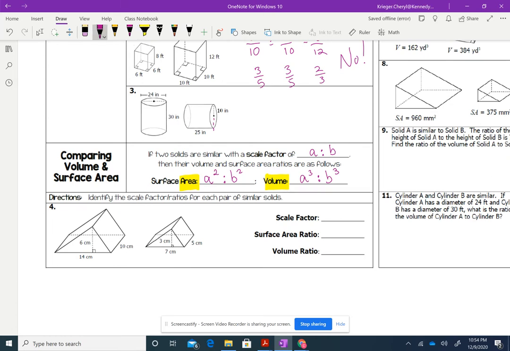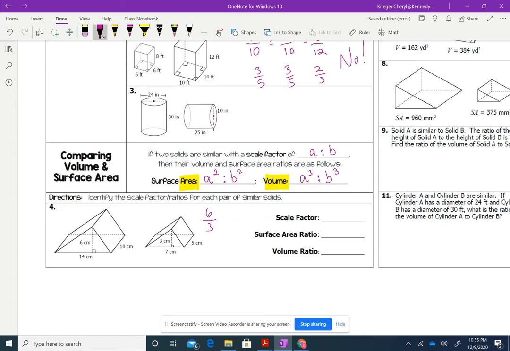So it says identify the scale factors and ratios for the similar solids. So they're telling us that they're similar. We're going to create some ratios to figure out the scale factor. Okay, so let's choose the height of the triangle, 6 to 3.